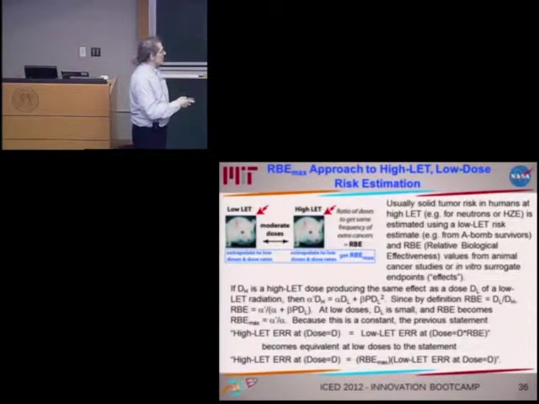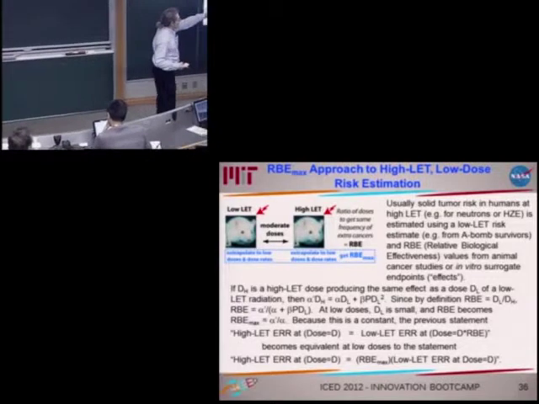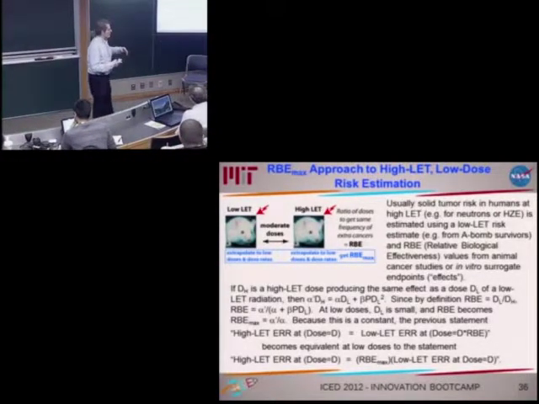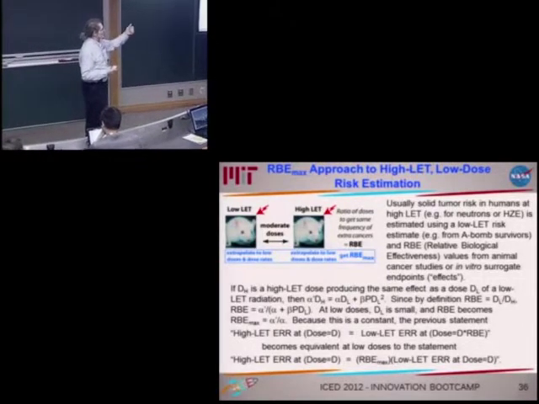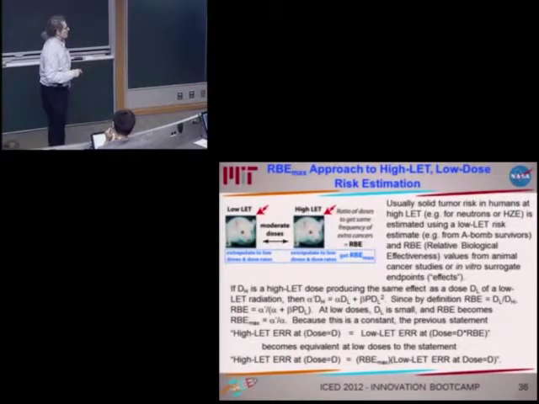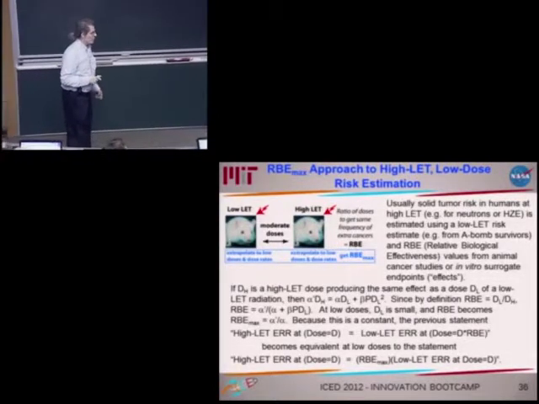We can translate this second to last equation here, the high LET dose equals the low LET dose D times RBE. That was the one relevant to the more moderate doses. Now we can pull out the RBE from the right-hand side because the right-hand side has effectively become linear, so everything becomes proportional. You can get away with that.